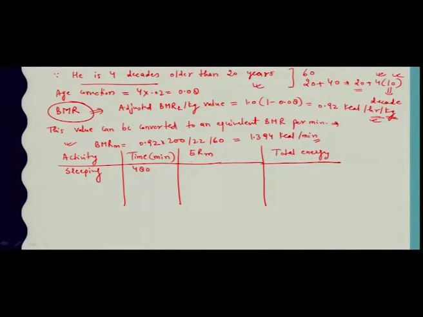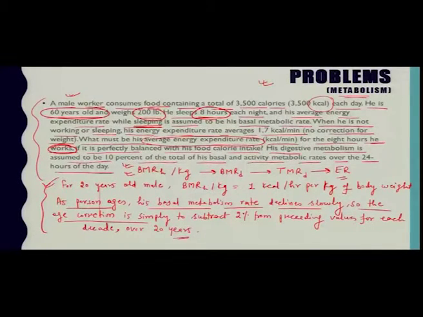Corresponding energy expenditure will be 1.394 kilocalorie per minute. And if you talk about the total energy, so you will have to multiply this, so some sort of this 669 kilocalorie will come out. As far as work is concerned, so again how much work he is doing? He is doing work for 8 hours.